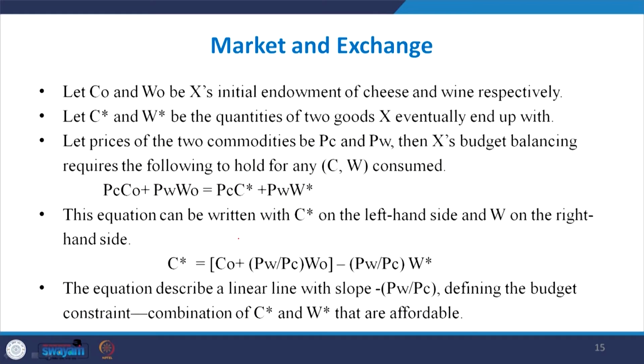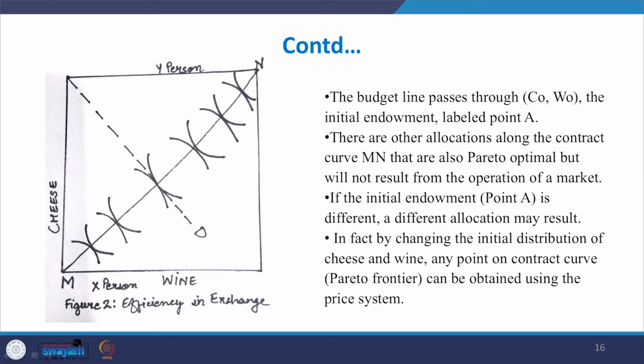Then we can convert this equation in terms of the quantity of cheese that is actually received by person X after trade, that is C star equals C0 plus PW divided by PC multiplied by W0, and that is actually the intercept of the line, and minus PW divided by PC, that is the slope of the price line or price ratio of the two products, multiplied by the quantity of wine actually received by the consumer X after the trade.